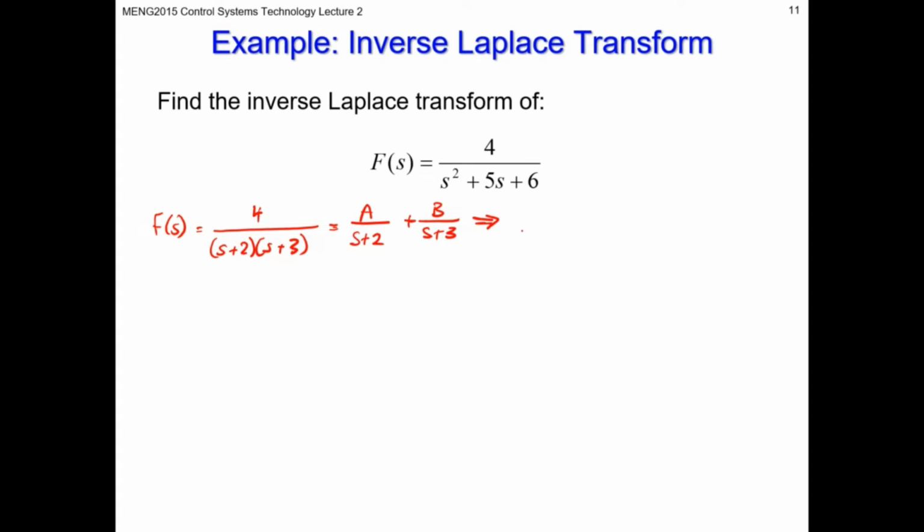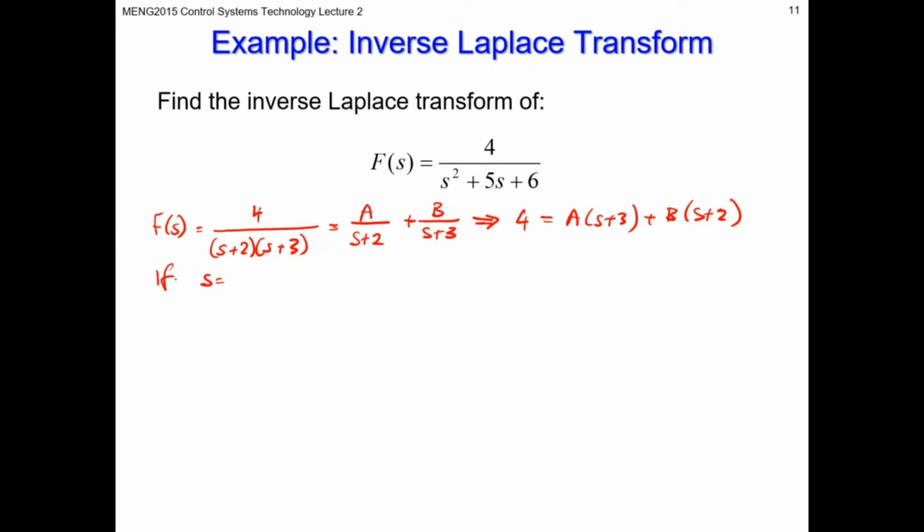So if we cross multiply by the denominator, we get 4 equals a times s plus 3 and b times s plus 2.